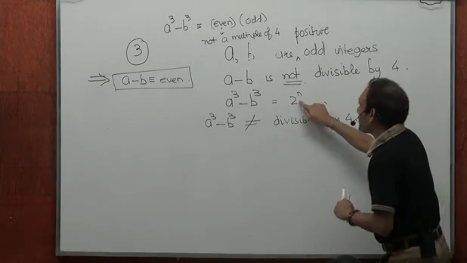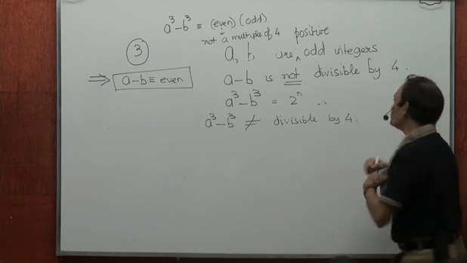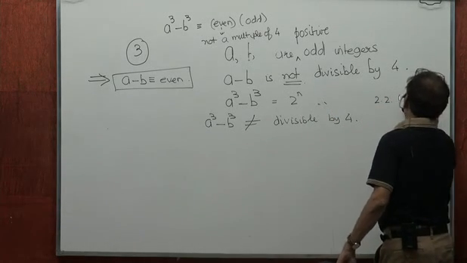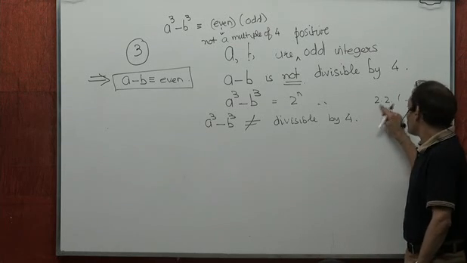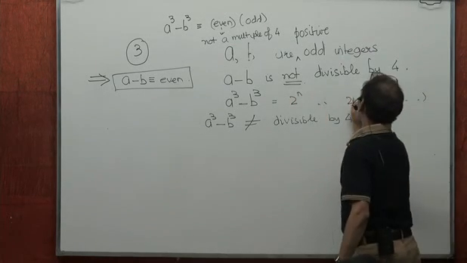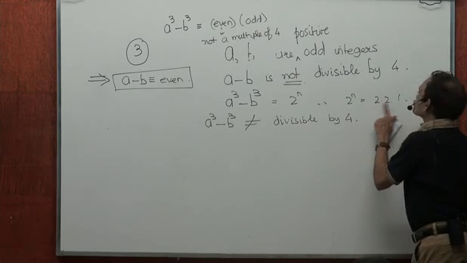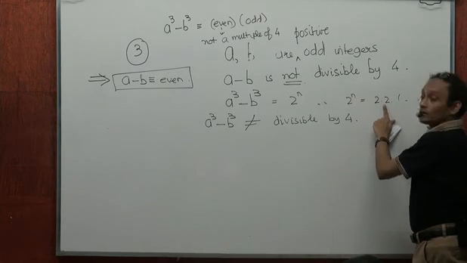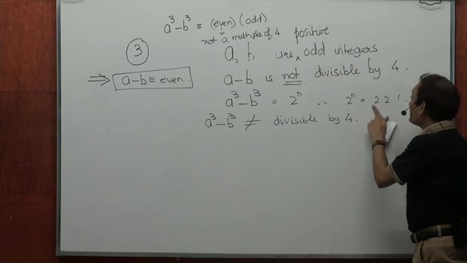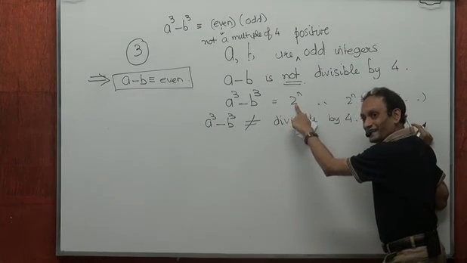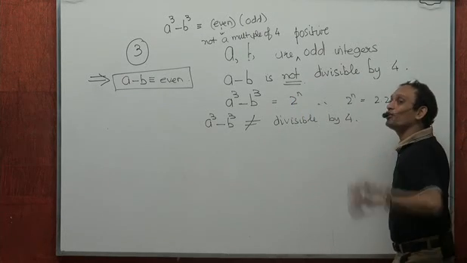Right? And 2 to the power n for n greater than 2 will have at least two 2's and maybe some more 2's. At least two 2's. That means this is divisible by 4. If n is greater than 2, 2 to the power n will be divisible by 4.